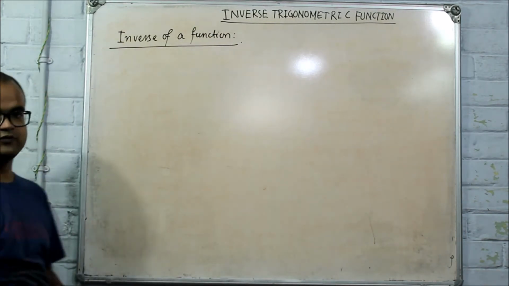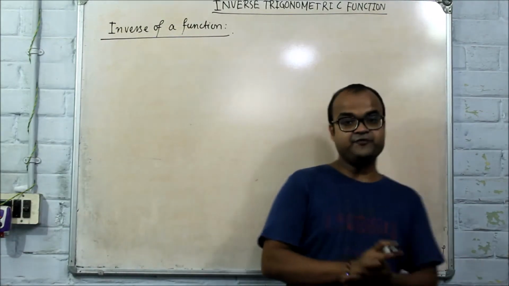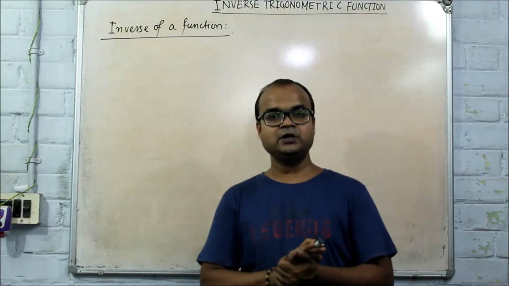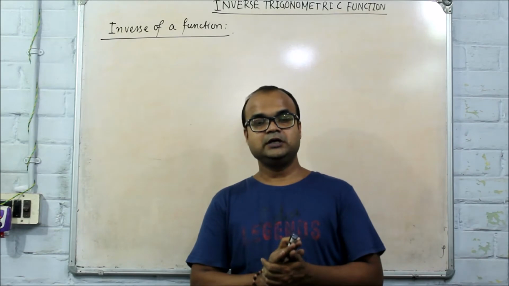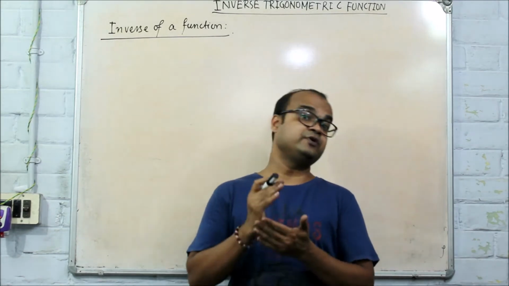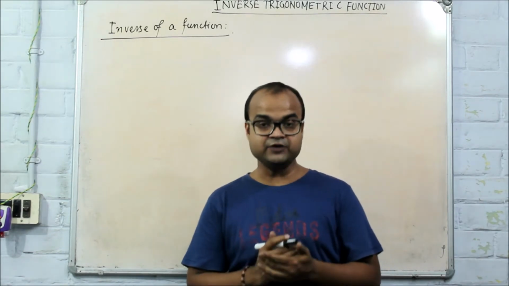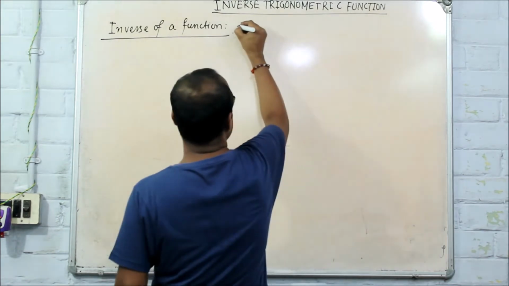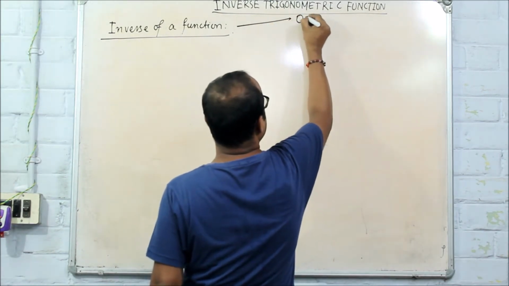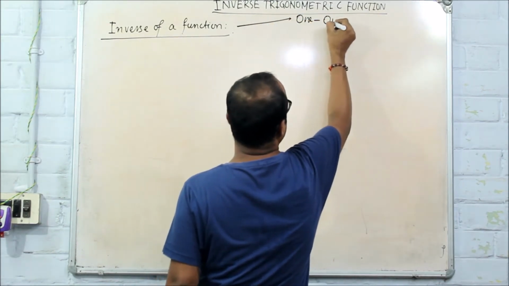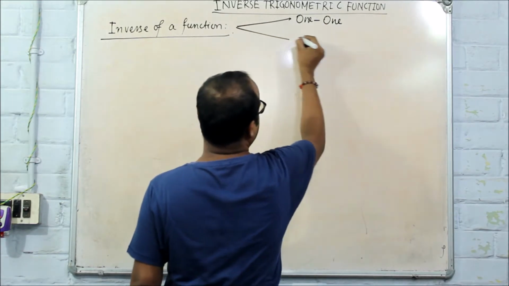Inverse of a function. Now, a function is invertible, or the inverse of a function exists, if the function is 1-1 and onto.